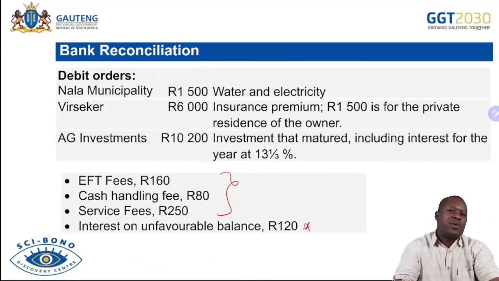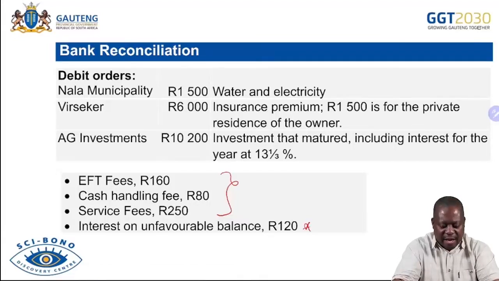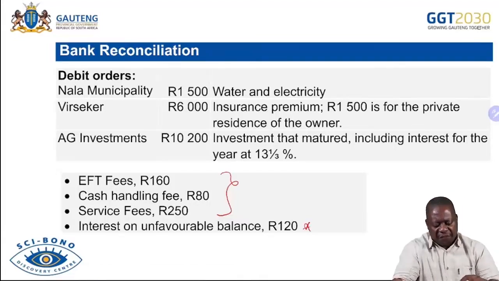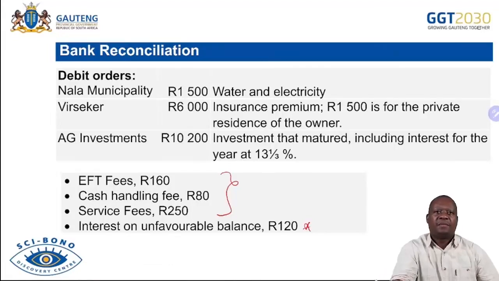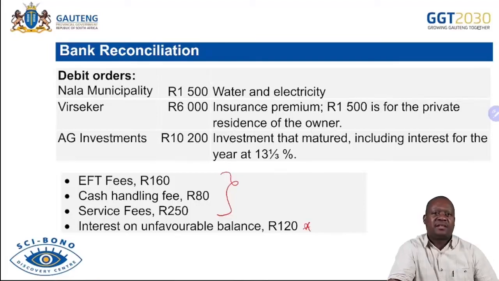Remember, even when we're dealing with our income statement, the prefix interest means something else. The minute they say interest, it changes the game. The same applies here. So the first three can be referred to as bank charges. They are an operating expense to the business.